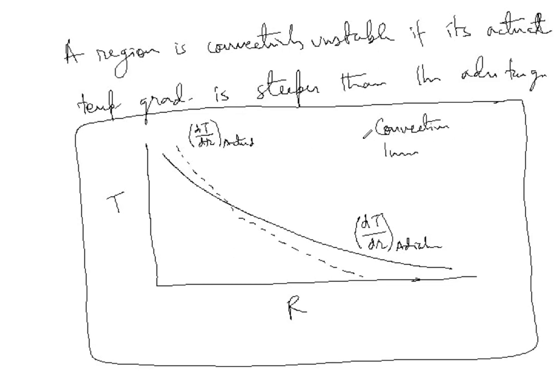So what you can see here is the critical temperature gradient, which is the solid line for convection, and in this example this is the actual temperature gradient, which is basically this dashed line, and this is the adiabatic or critical one. So this actual temperature gradient is steeper than the adiabatic gradient. So this region is convectively unstable.